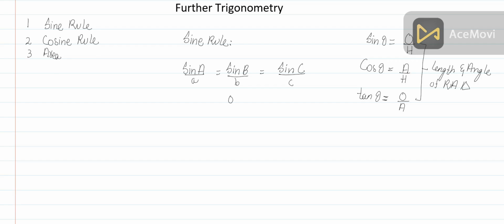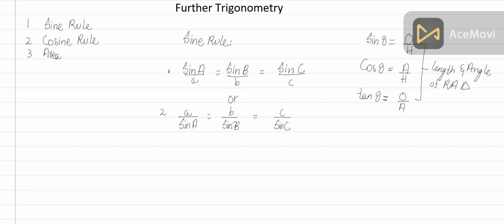The first one is this, and the second one is A upon sine A is equal to B upon sine B, and the third one is C upon sine C.